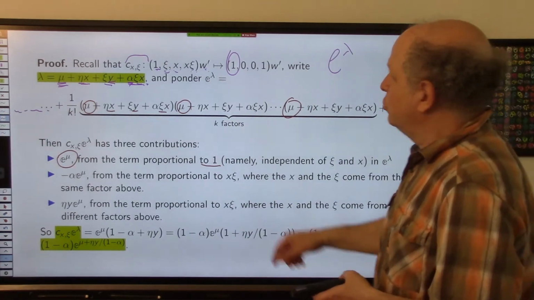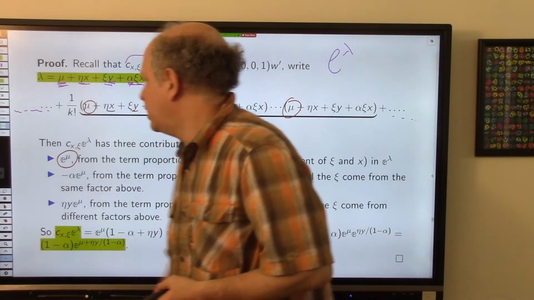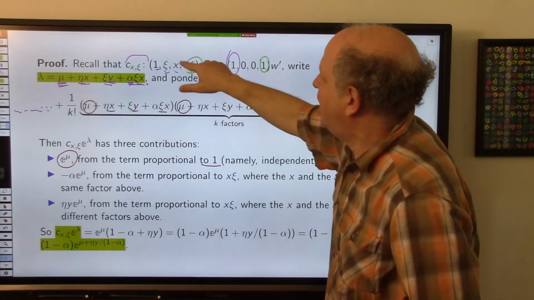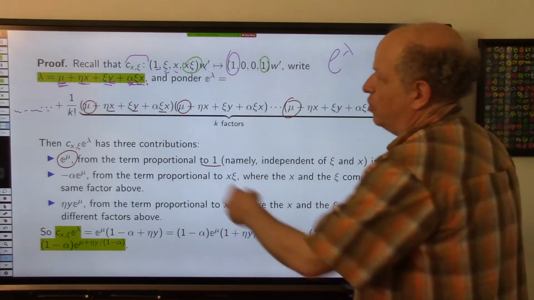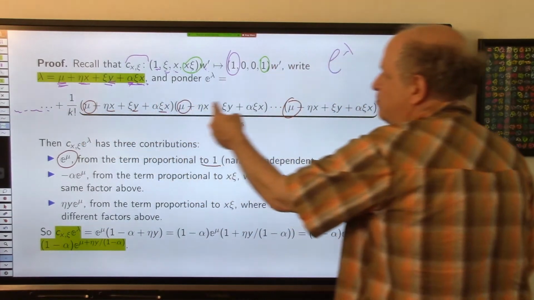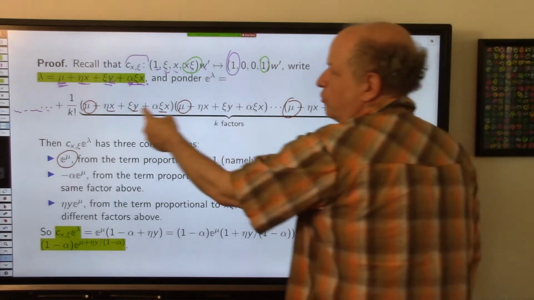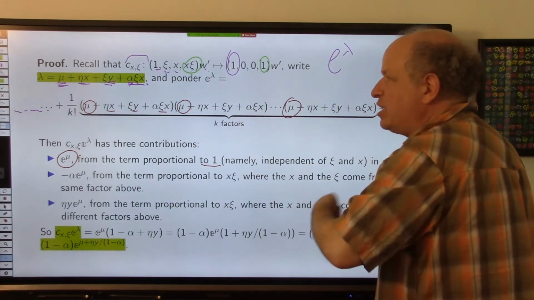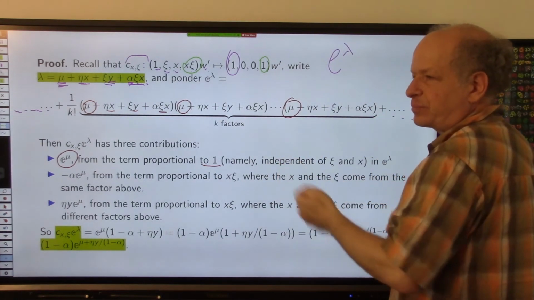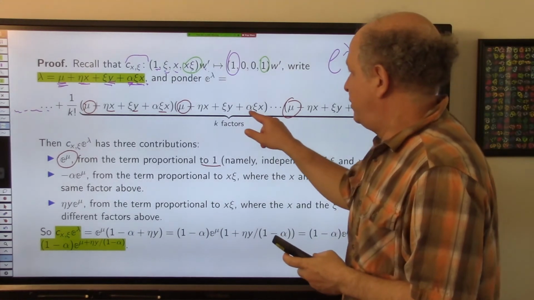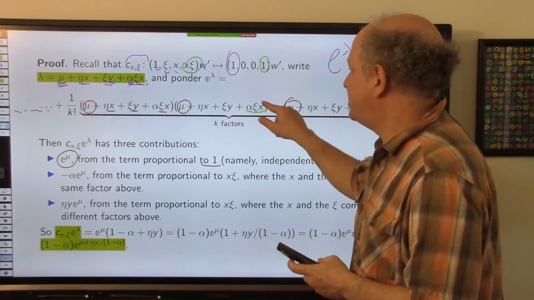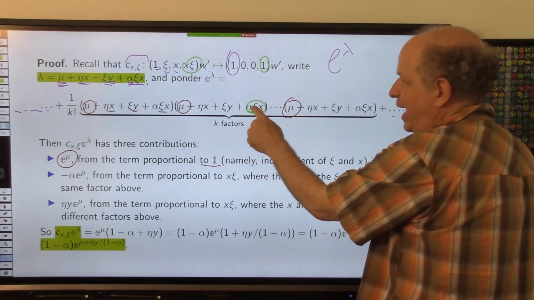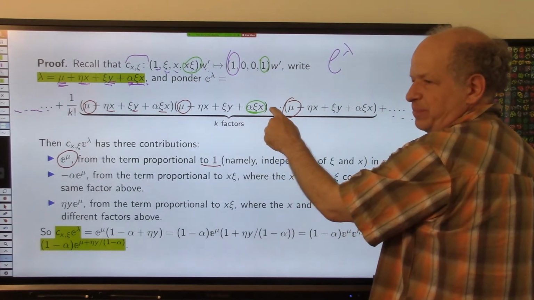Then I want to look at the contribution to the contraction from the term proportional to x times xi. So I need to get x times xi out of this big product. There are two ways it can happen. Either the x and the xi come from the same factor, namely one of those alpha xi x terms.